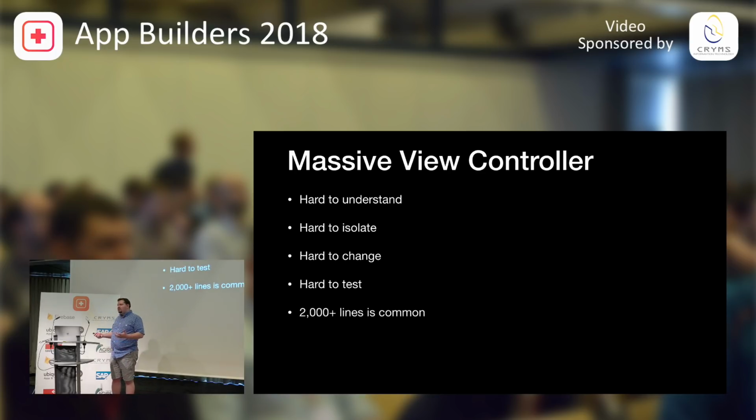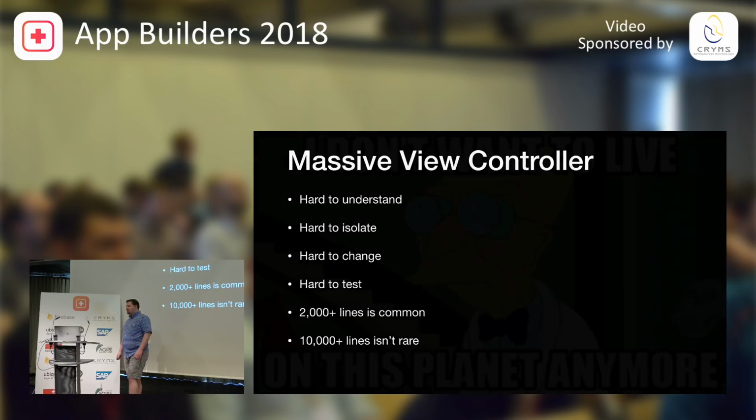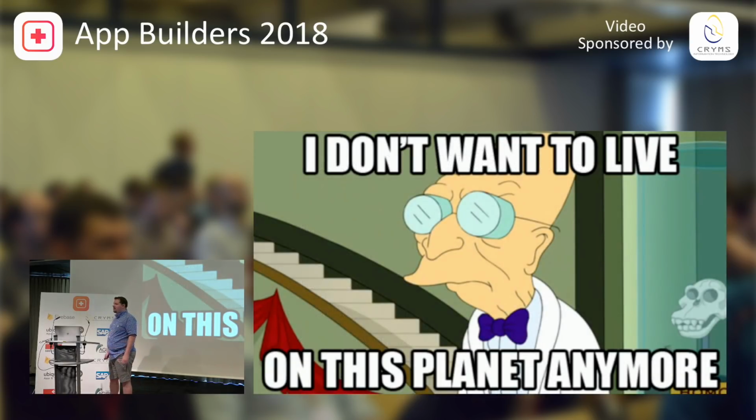We deal with view controllers where 2,000 lines of code is common, and that's a travesty. And we also run into situations where we have 10,000-line view controllers, and when we come across one of those things, we just don't want to live on this planet anymore. Because who wants to deal with 10,000 lines of tightly coupled code?